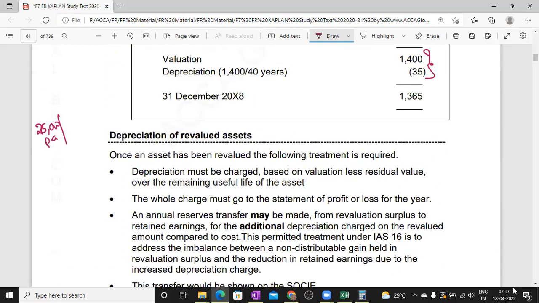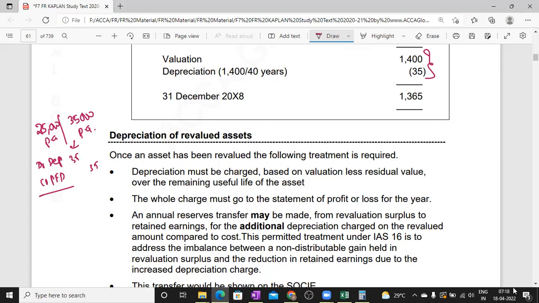Due to the increase in value of an asset, 35,000 per annum is created from today onwards due to revaluation. Then generally we write the entry: debit depreciation, credit provision for depreciation 35,000. This is a journal entry for the current year. But generally this 35,000 is transferred to the P&L statement.